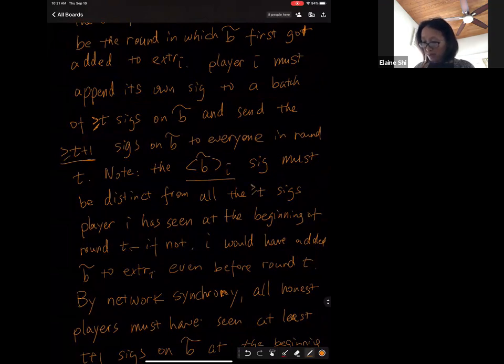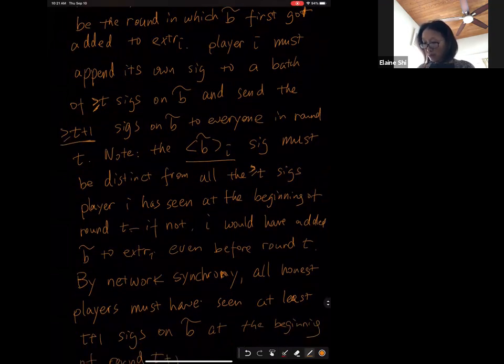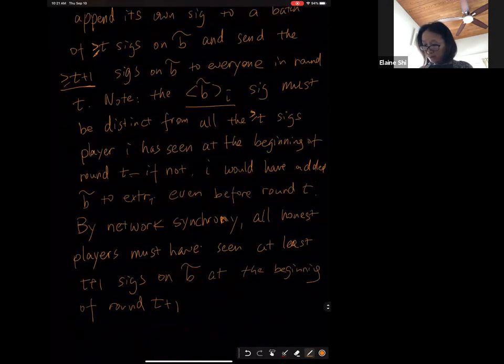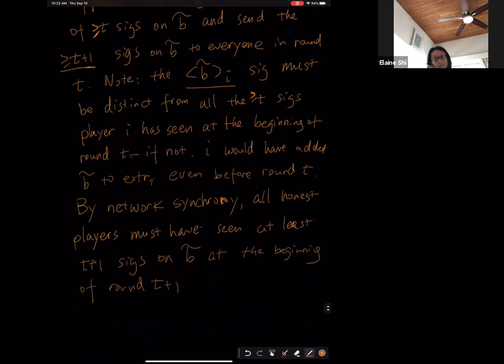Therefore, everyone else will have added it to their extracted sets, if they haven't already done so, by the beginning of round T+1.